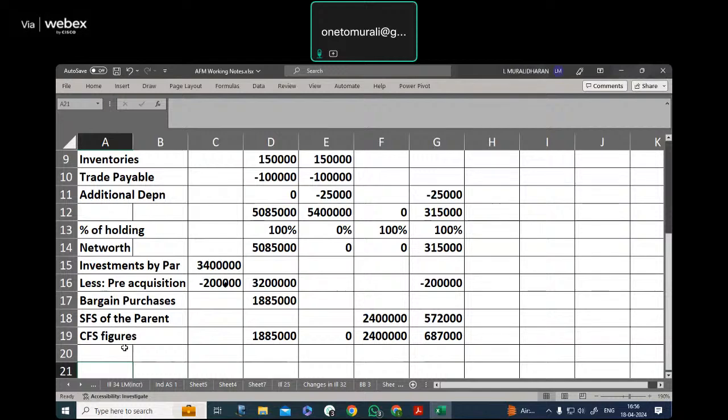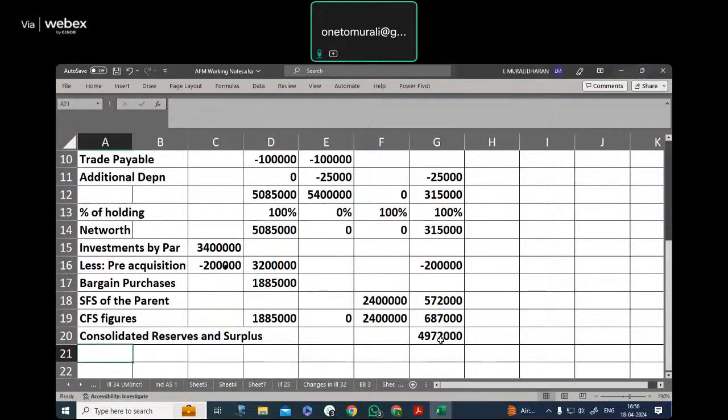So here, consolidated reserves and surplus is going to be 1885 plus 24 plus 687. That comes to 49 lakhs and 72,000.